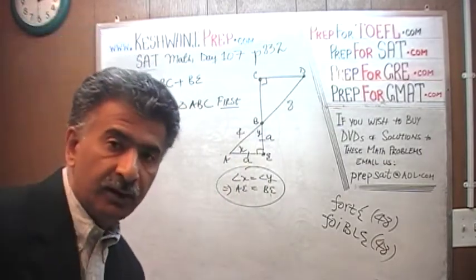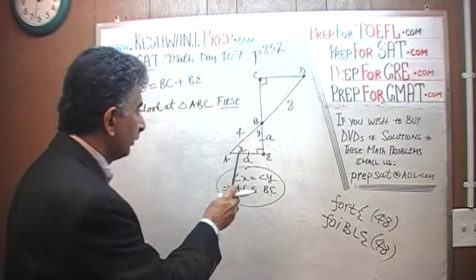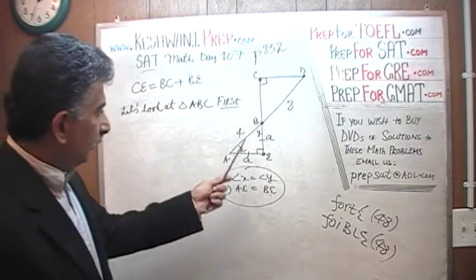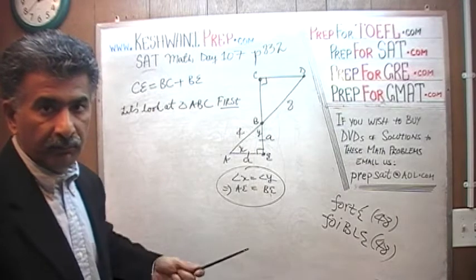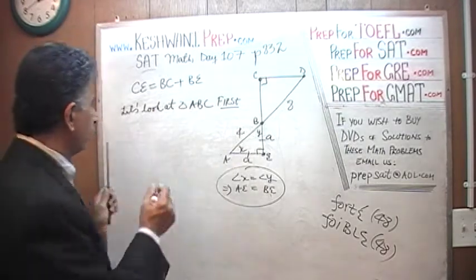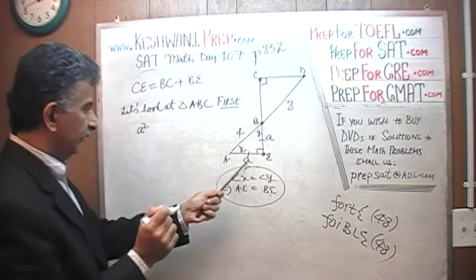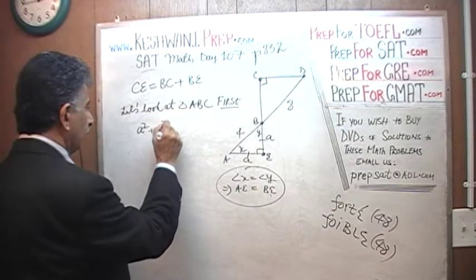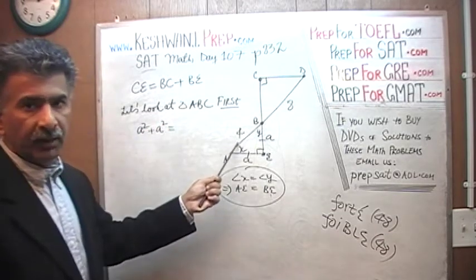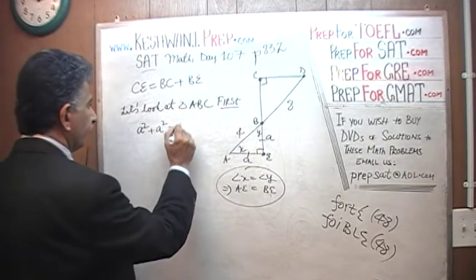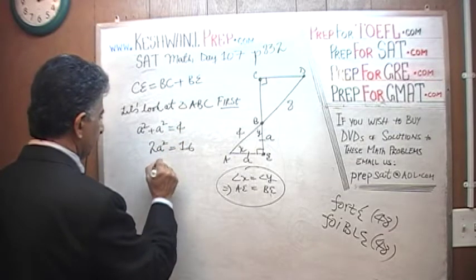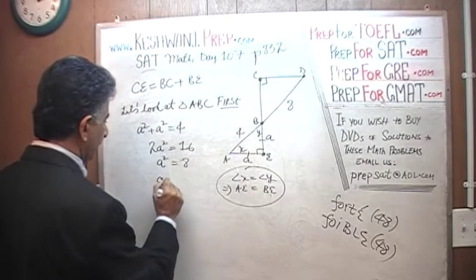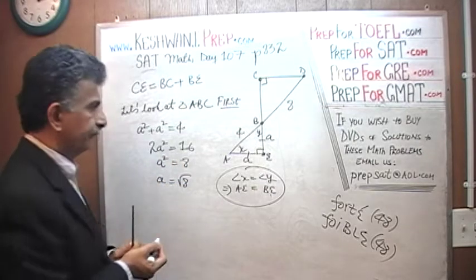Because it's an isosceles triangle, because these two angles we are told are equal, x and y are equal. So it's a right angle triangle. A simple application of Pythagorean theorem would do the job. So a squared plus a squared would equal the square of the hypotenuse, which we are told is 4. Which means 2a squared equals 16, which means a squared equals 8, and a equals root of 8.